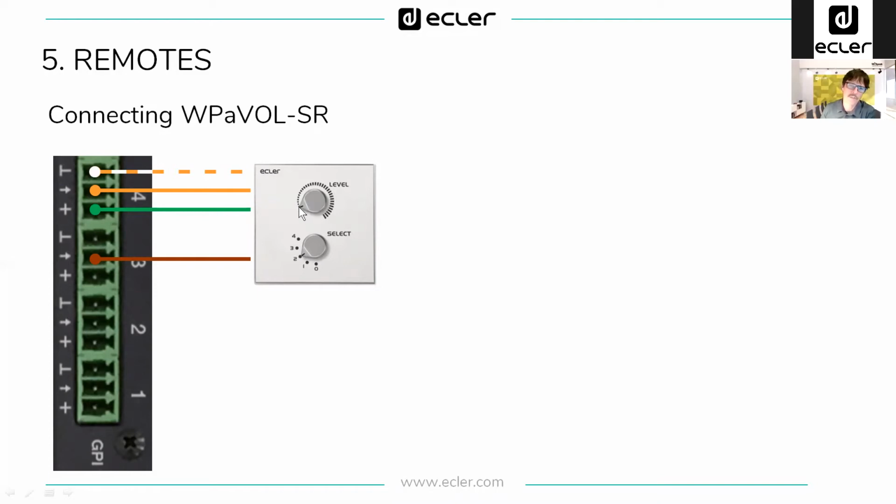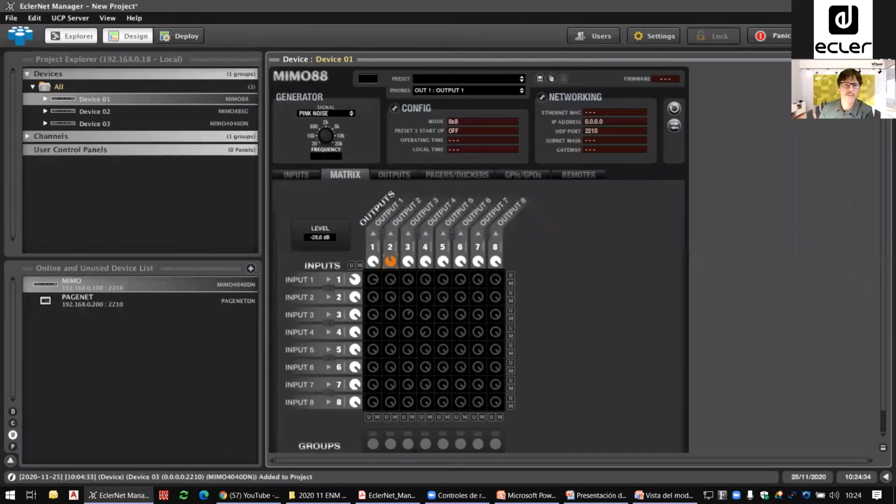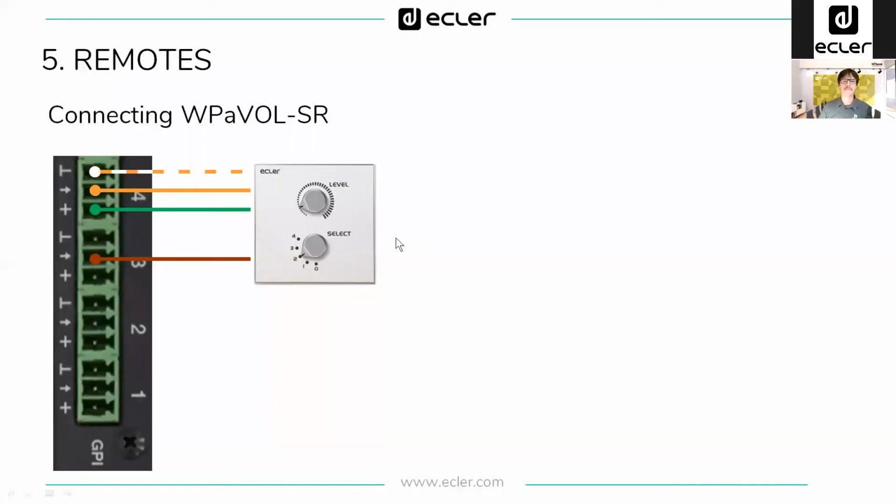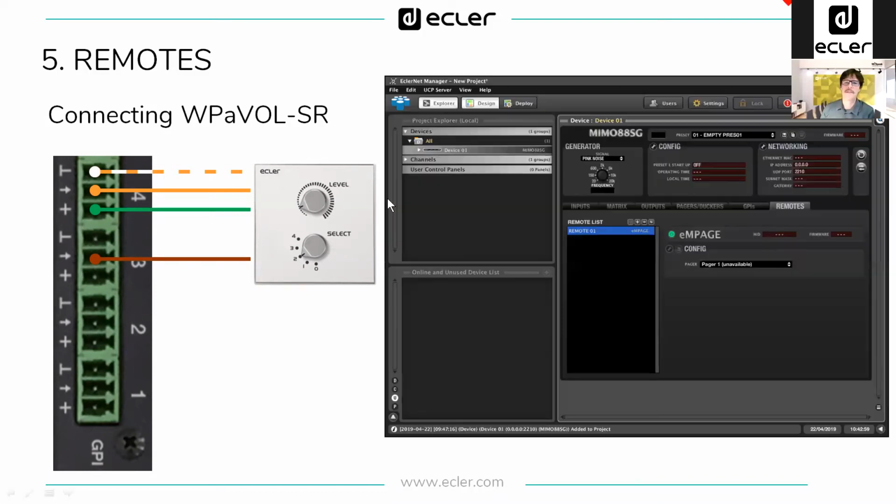So we just want to control the cross point, because if we control the output, let me show you here, we will be affecting the EM page or whatever message signals are being routed to the output. So we want just to affect the cross points. So depending on what we have selected, it depends what this will control, which cross point will control the volume. So it's quite different.